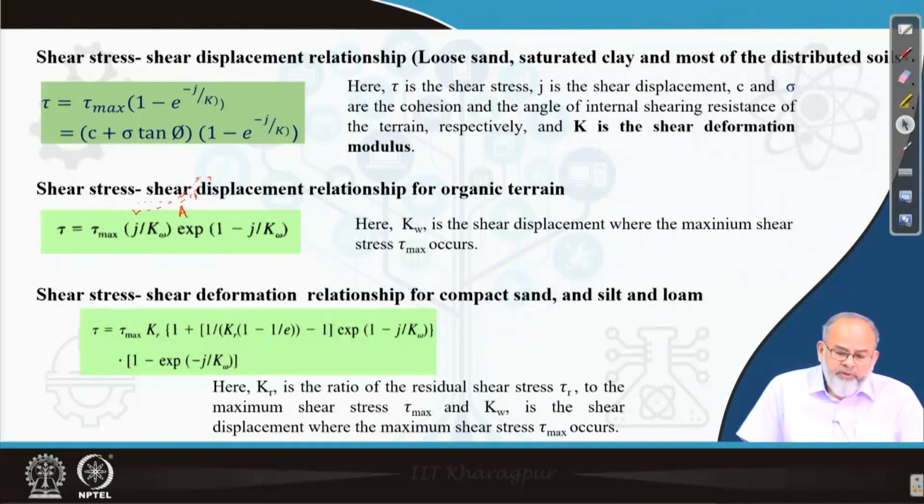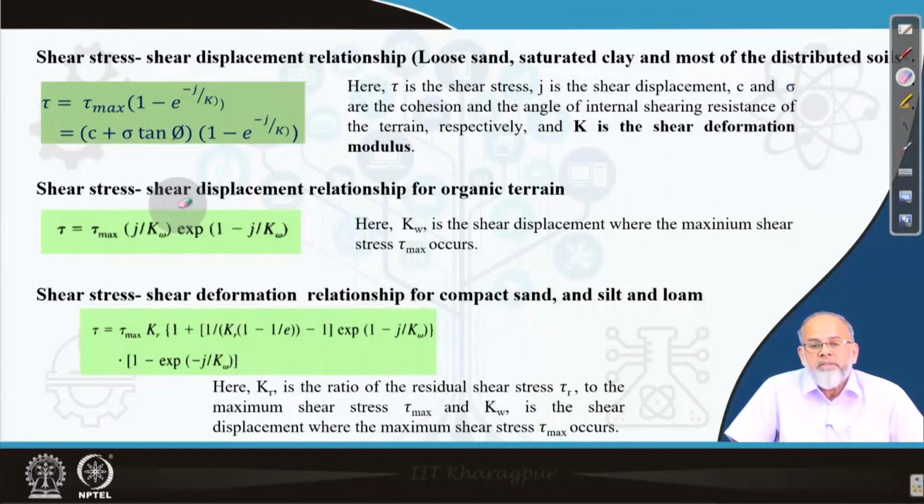Now, for organic terrain, the relationship between shear stress and shear displacement is tau is equal to tau max into j by kw into e to the power 1 minus j by kw, where kw is the shear displacement where the maximum shear stress occurs.